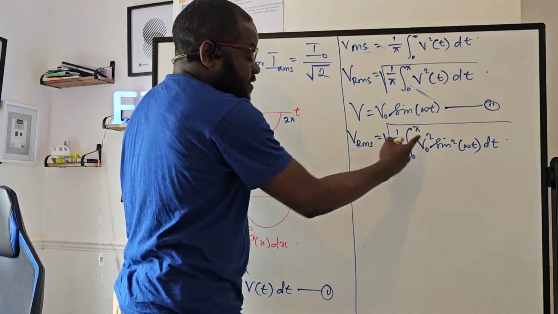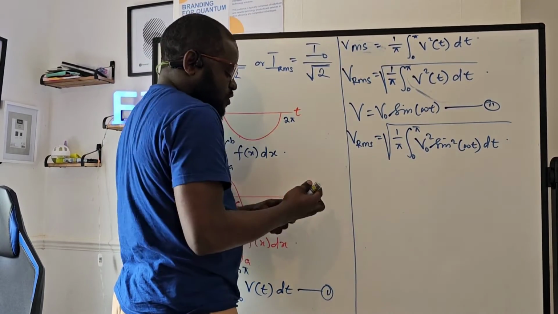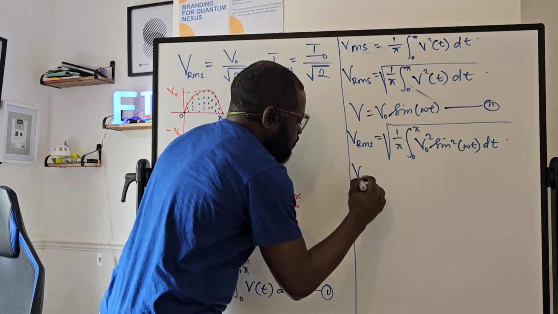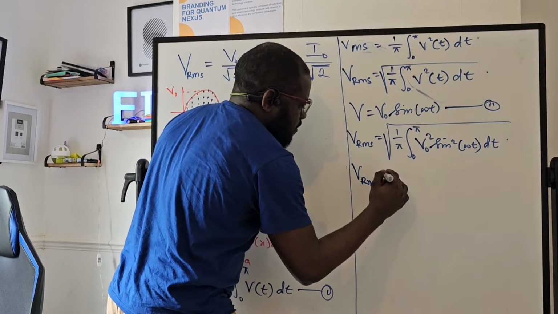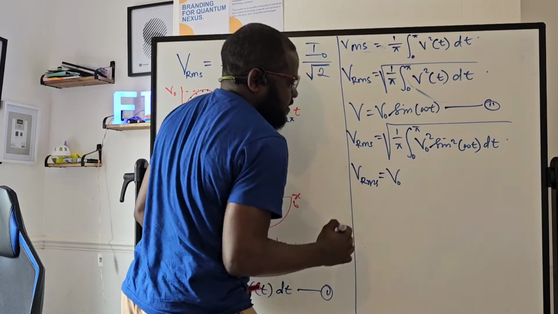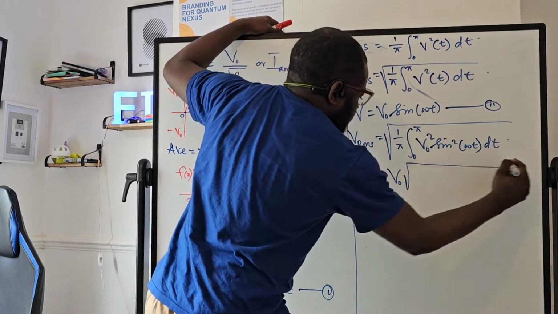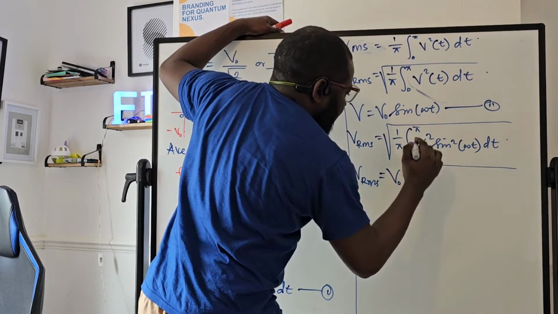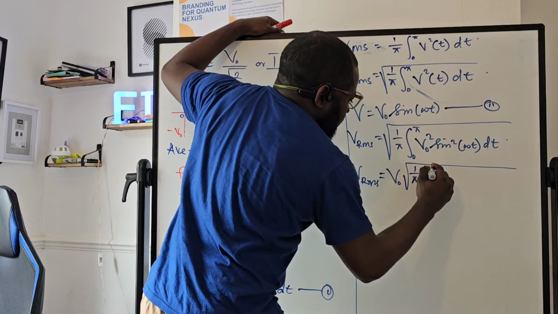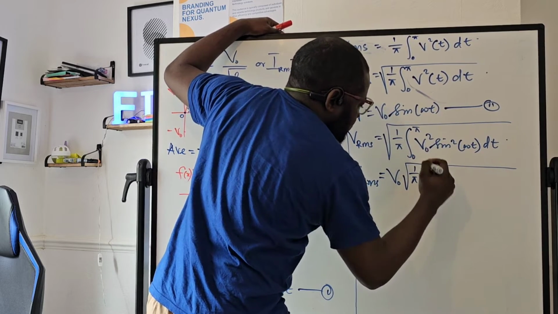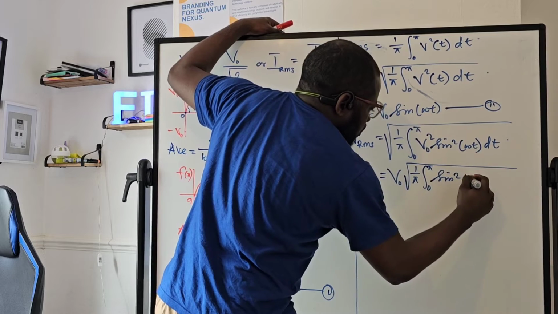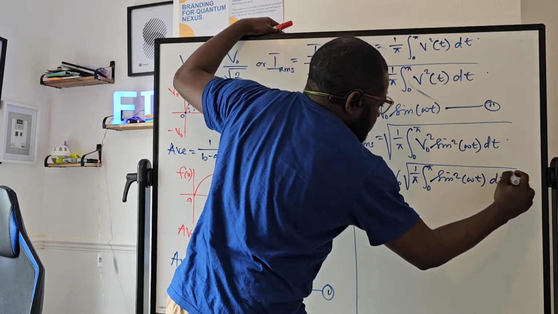So I'll take it out because it's squared. Taking it out of this root will make it become V root mean square equal V naught, the square root of 1 over pi, the integral from 0 to pi of sine squared omega t dt.